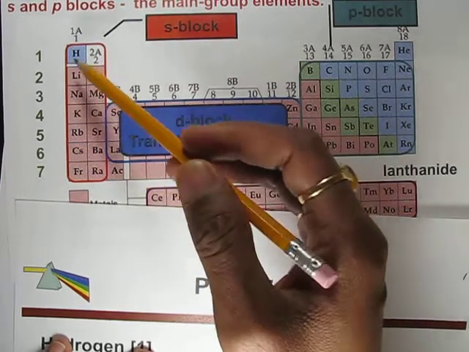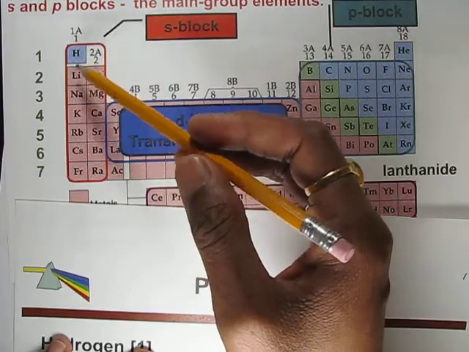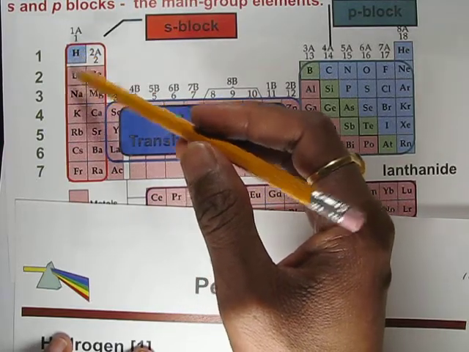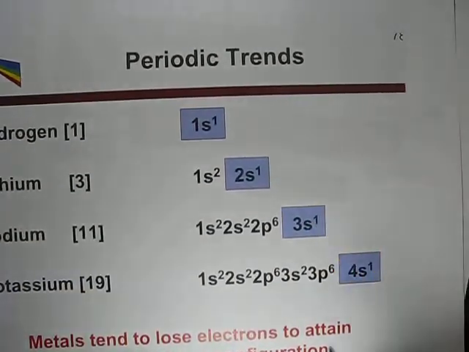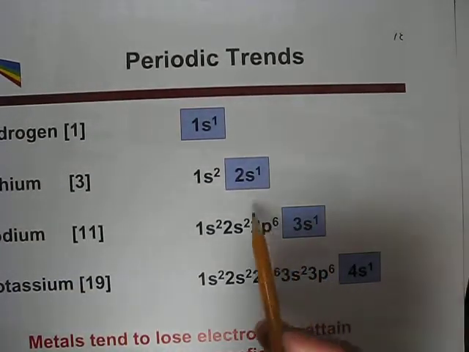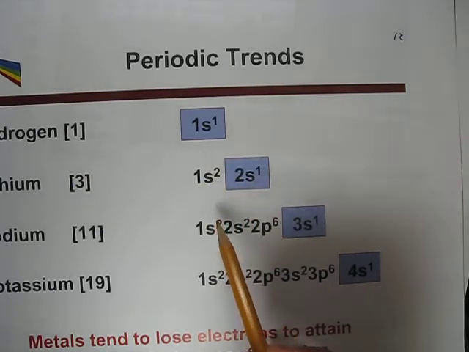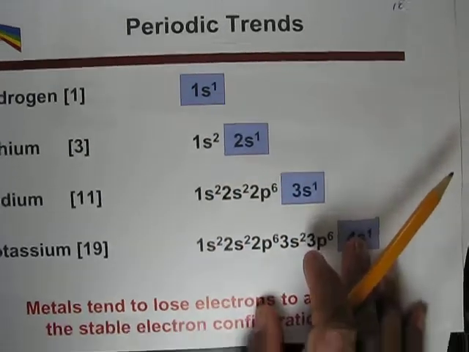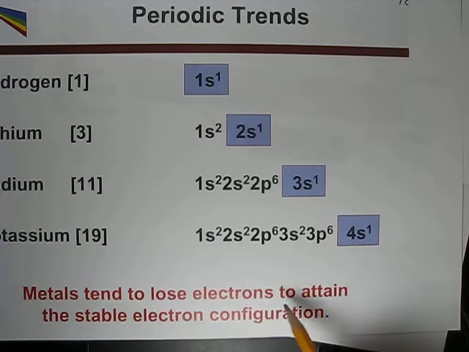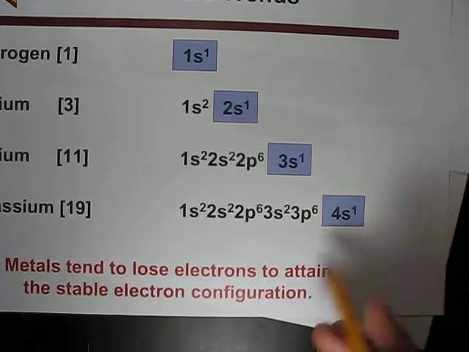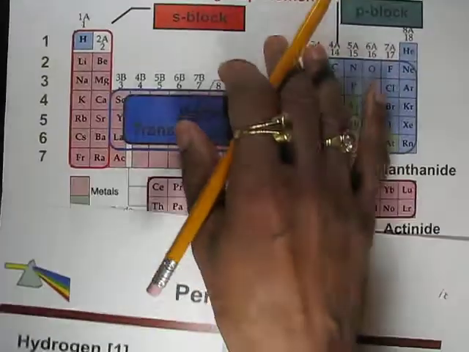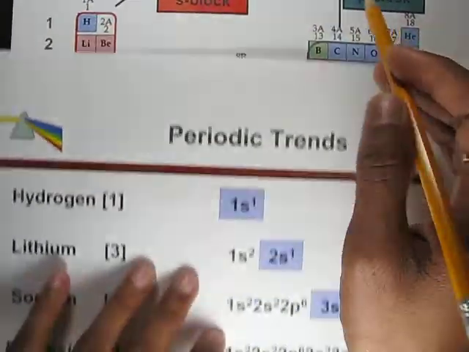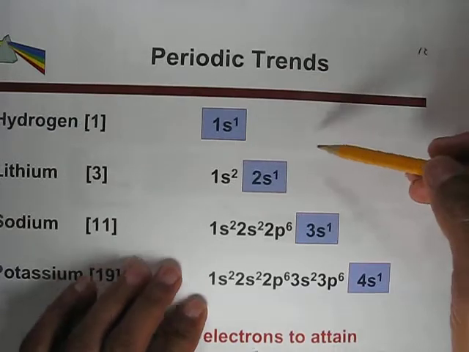When you write the electronic configuration of any elements from the same group, you will end up with exactly the same number of electrons in the subshell. Metals tend to lose electrons to attain the stable electronic configuration. In this first group of elements, you can see the valence shell.